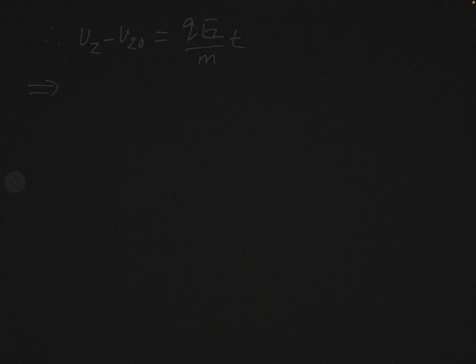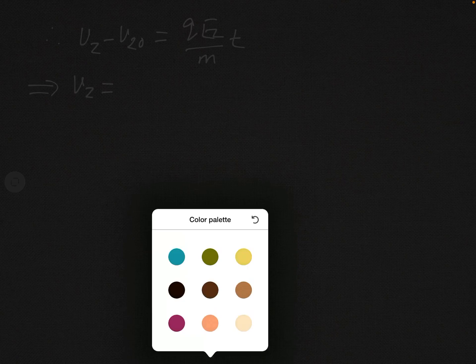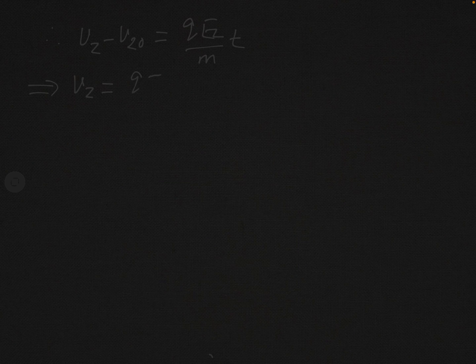And so we may write vz equal to qEz over m into t plus vz naught, and say this is equation 4. You can see there is a velocity vz in the z direction of the plasma particle.